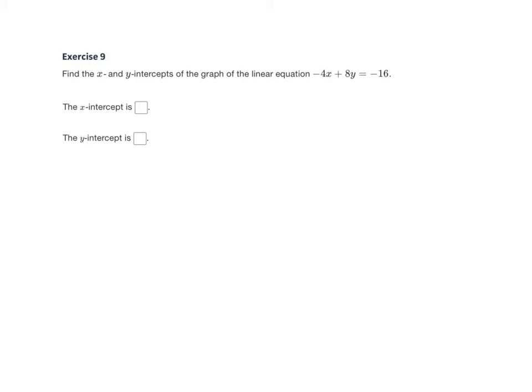Number 9, this is the exact same thing. I'll solve it both ways, starting out with 0, comma, blank, blank, comma, 0. And remember, if you want the x-intercept, you set the y equal to 0.